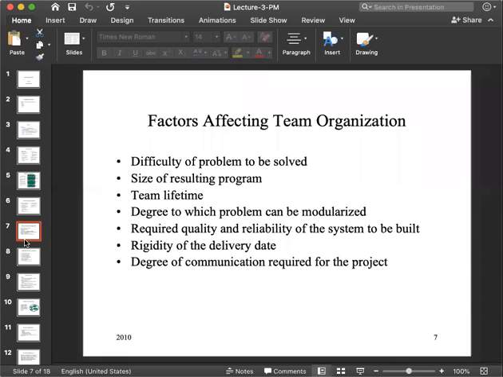আশা করি আমার কথা বোঝা গেছে। যেটা আমি বলতে চাচ্ছিলাম যে টিমের মধ্যে থাকলে টিম দিয়ে আমাকে কাজ করতে হবে, বাট যদি আমি কোনো একটা ওপেন সিস্টেমে কাজ করি, যখন দেখা যাচ্ছে কোনো প্রবলেম হয়েছে, আমি যে কারোর কাছ থেকে হেল্প নিতে পারতেছি, বাট টিমের মধ্যে করলে আমাকে টিমের মধ্যে থেকেই সলভ করতে হবে। So the difficulty of the problem to be solved, the size of the resulting program.